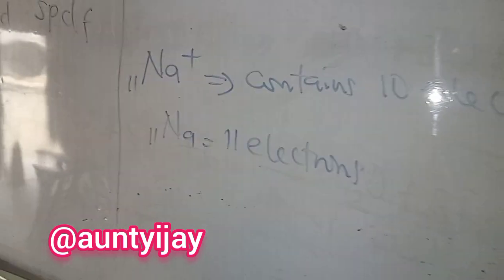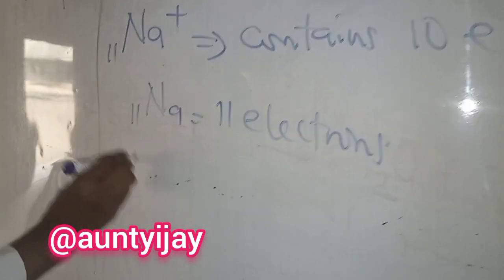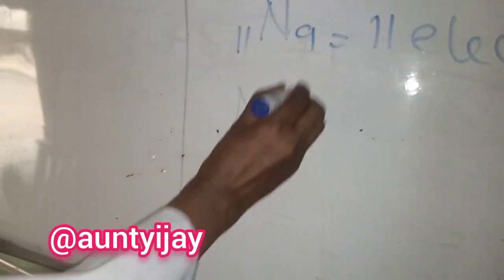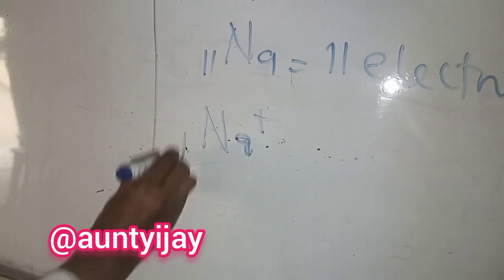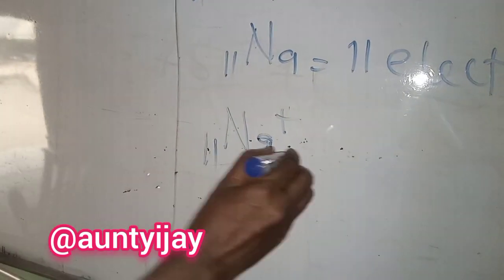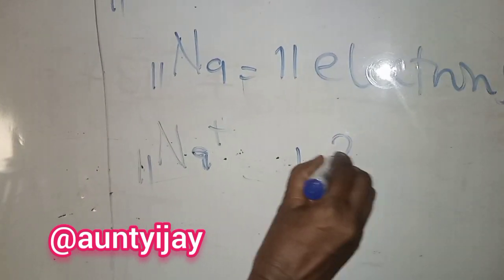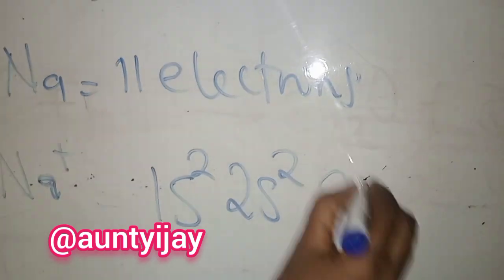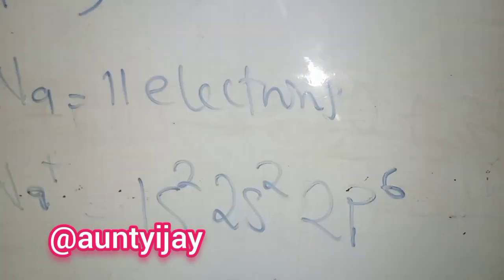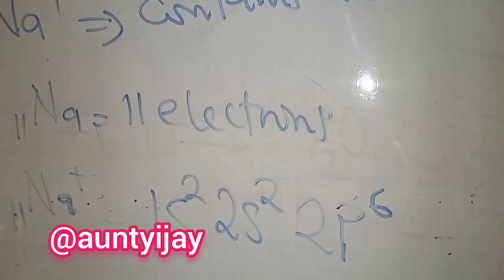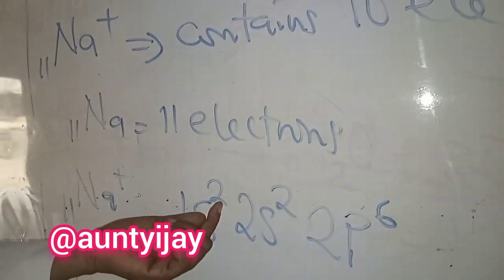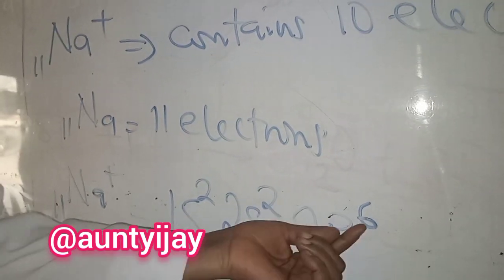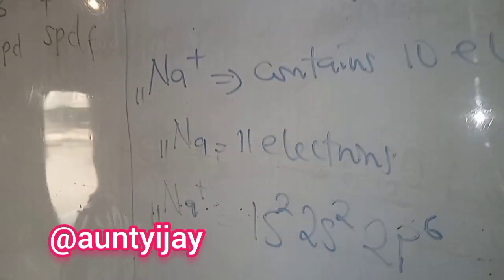So we can write the electronic configuration of the sodium ion representing 10 electrons. We have 1s2, 2s2, 2p6, and that sums up to 10 electrons. 2, 4, 6. This is where we are going to stop for today.